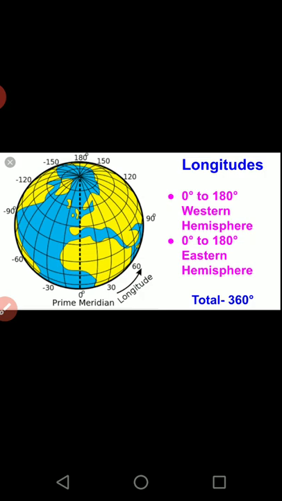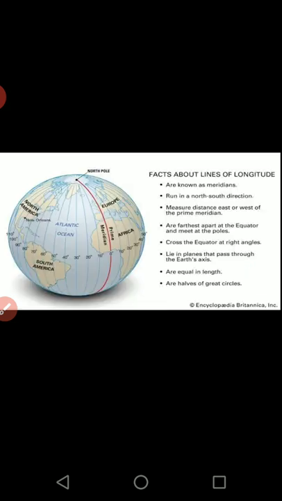The western hemisphere is the western side half circle, and the eastern hemisphere is the eastern side half circle. India is located in the eastern hemisphere, and in the previous division, from the latitudes, India is located in the northern hemisphere.